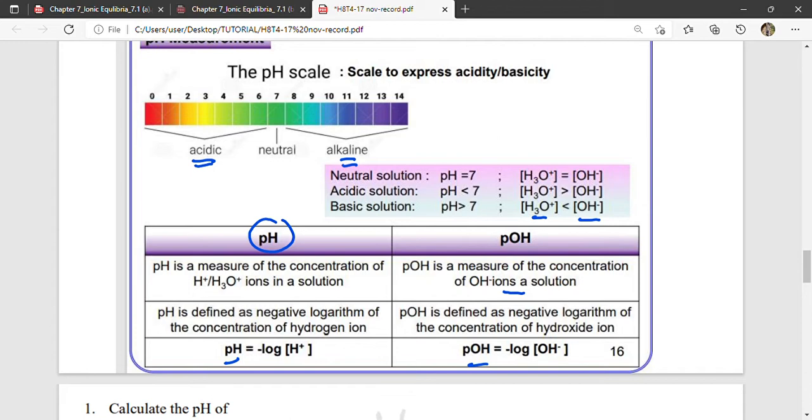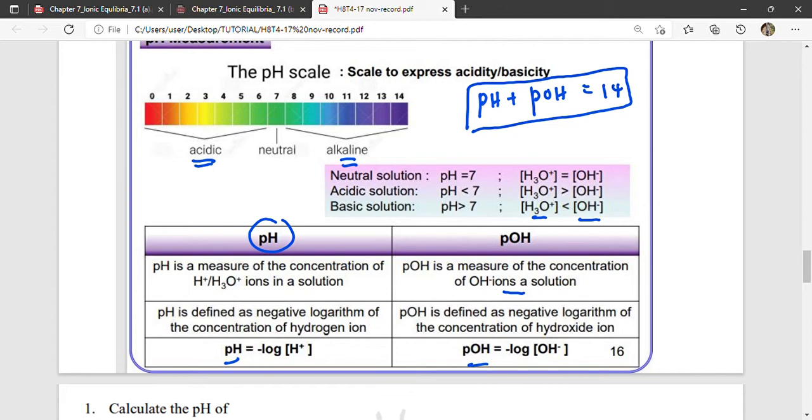Note that pH plus pOH is equal to 14. Remember this. It will show the concentration of H plus and the concentration of OH minus also, from the value of pH.